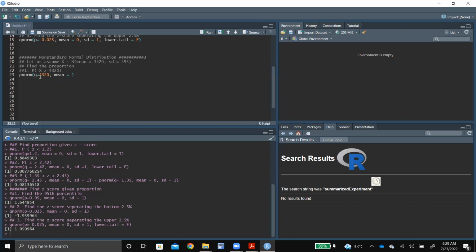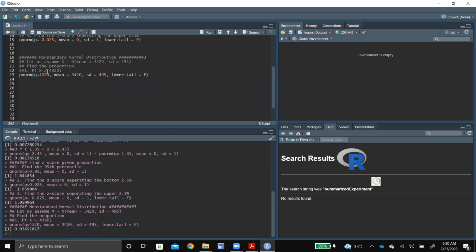The mean is what we have assumed, that is 3420, and the standard deviation is 495. Now, what is the sign we have? x is greater than 4320. Since we have a greater than sign, we should have lower.tail equals FALSE. If we hit run, we have 0.345 percent.